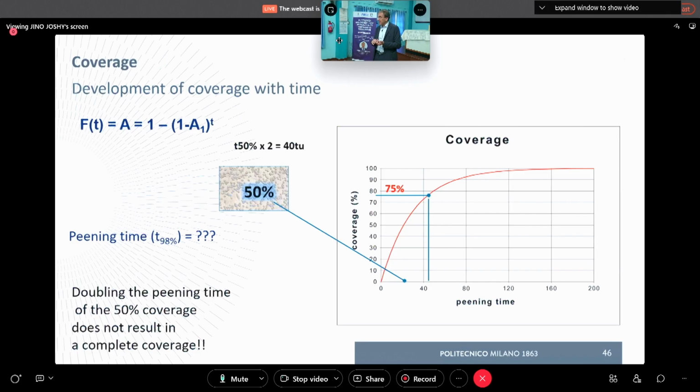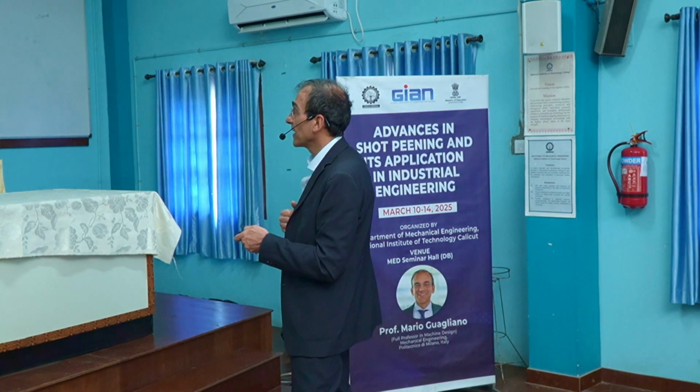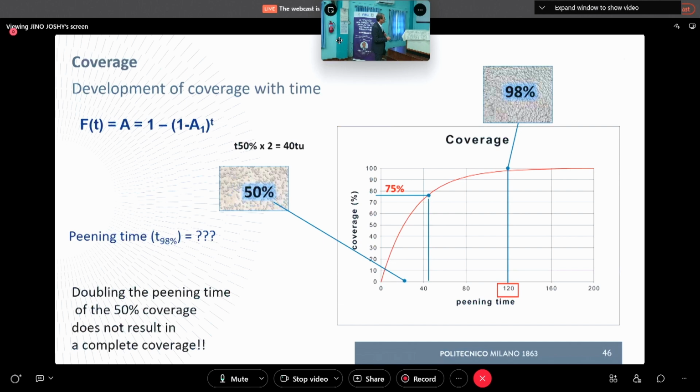So we could rely on a linear relationship, but we need to take care of the nature of the process. If we want full coverage, 98%, 100%, let's say, we must not just double the time, the time is much larger. So if 50% is around 20, 30 peening time units, we are here around 120, much more. Okay?